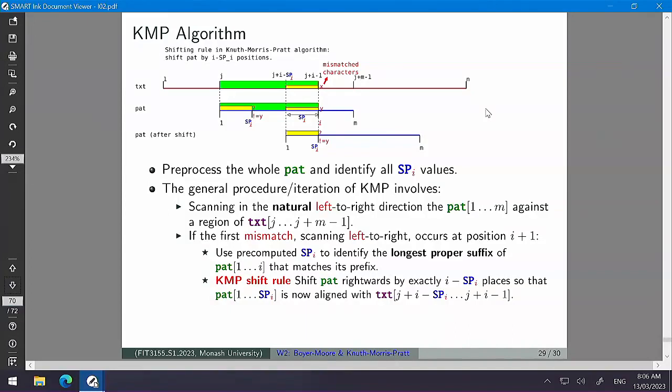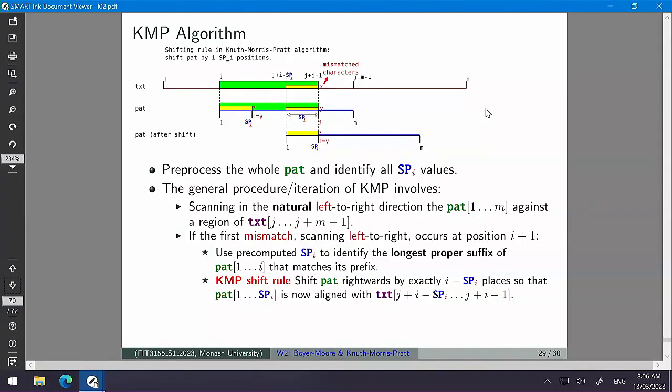Now, if you understood this, then you shift it. So shifting is simple, right? We call this thing SP of i. In fact, at the very end of last lecture, I told you what SP of i is: the length of the longest proper suffix that matches the prefix. And if the mismatch is at position i, you have to shift by those many positions to get to the next point.